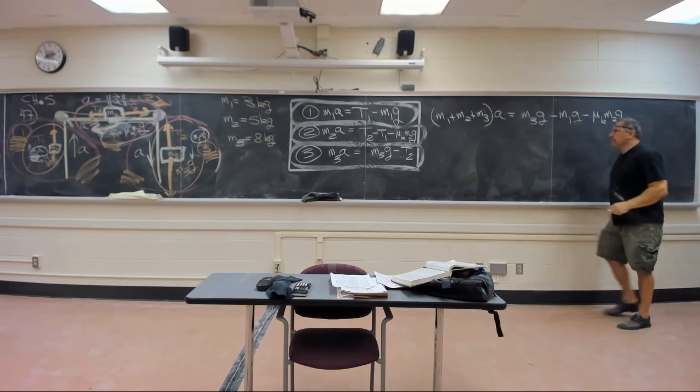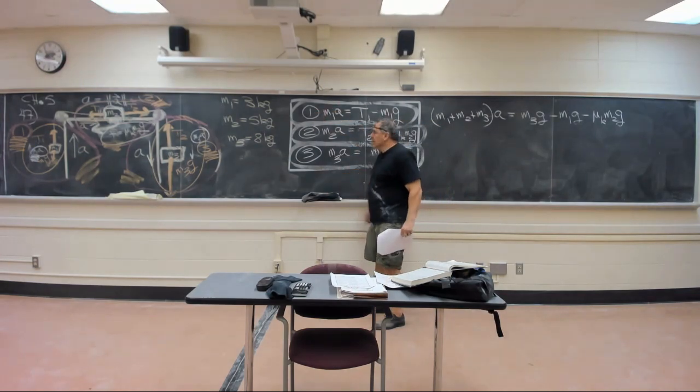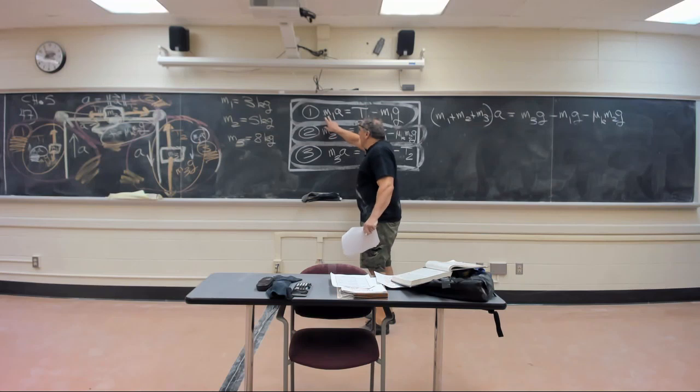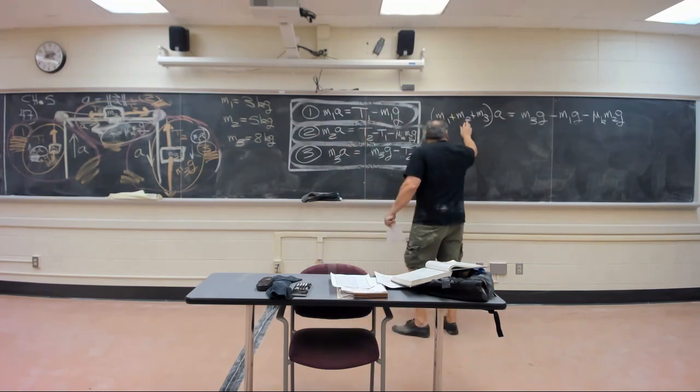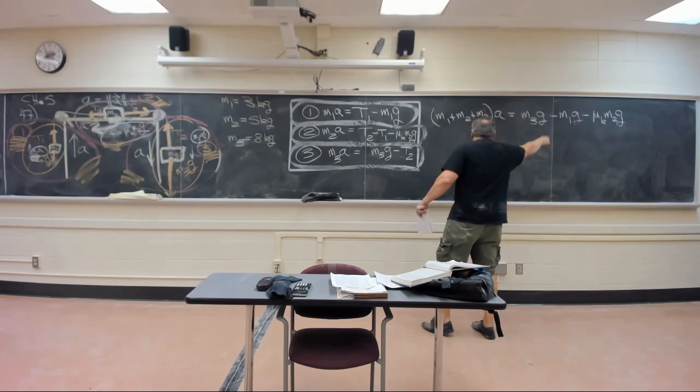Let's try that again. Add everything on the left together. You got equations, so if this equals that, and this equals that, and this equals that, then this plus this is this. And that plus that is that.